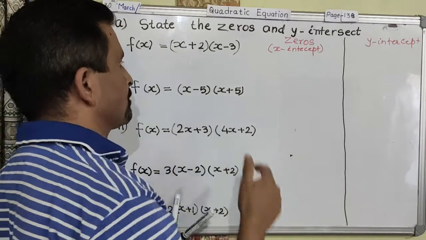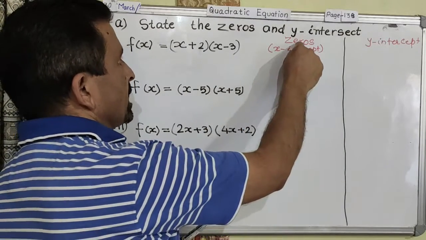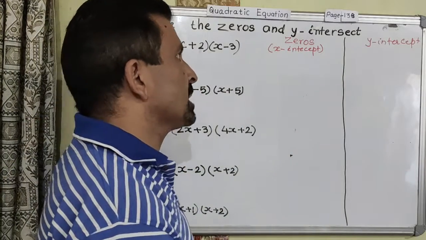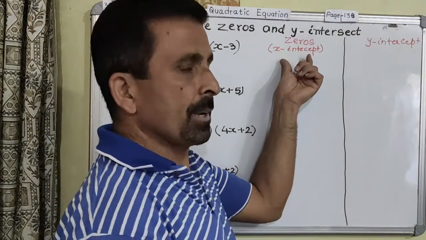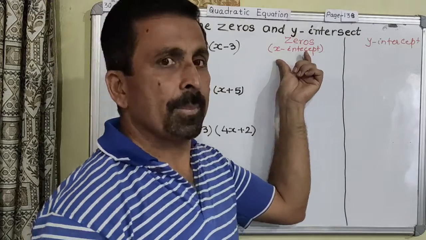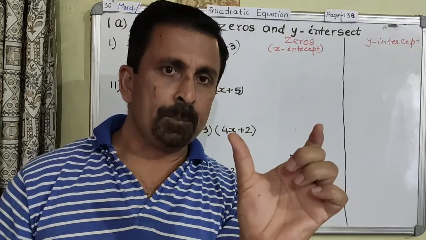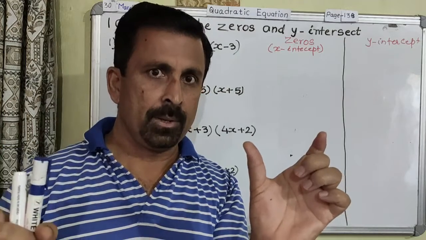We will calculate the zeros of this polynomial. Zeros means x-intercept. X-intercept means on the x-axis. On the x-axis means y is 0. Clear?